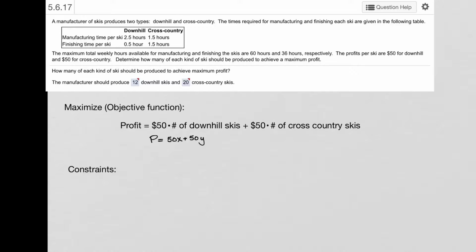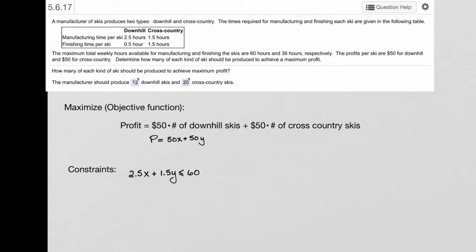So in order to write this in terms of x and y, we're going to say that the manufacturing time is 2.5 times x, because x is the number of downhill skis, plus 1.5 times y, the number of cross-country skis, and that total has to be less than or equal to 60 hours.